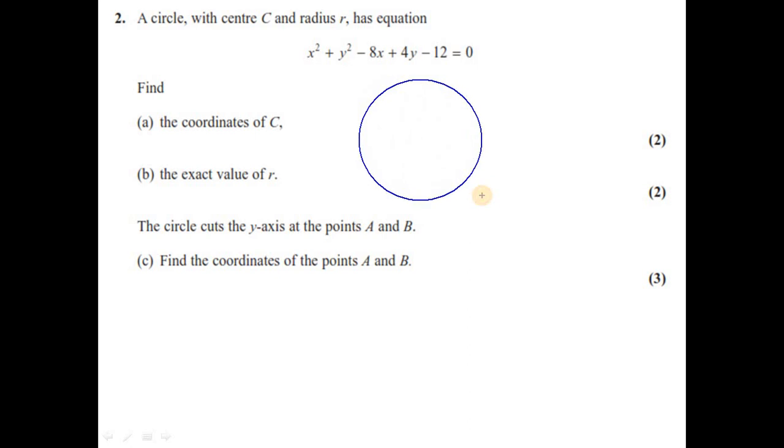This is a circle, and this circle has a center that we found as 4 and minus 2, and this circle is intersecting the y-axis like this, and then this.